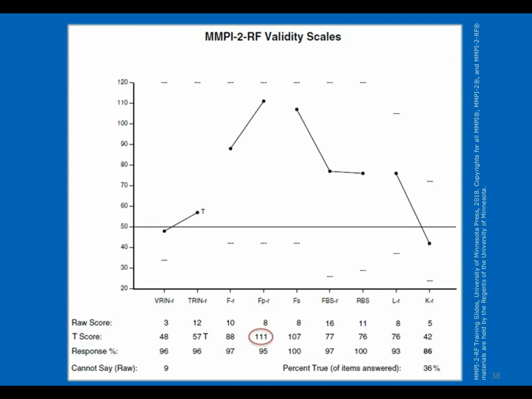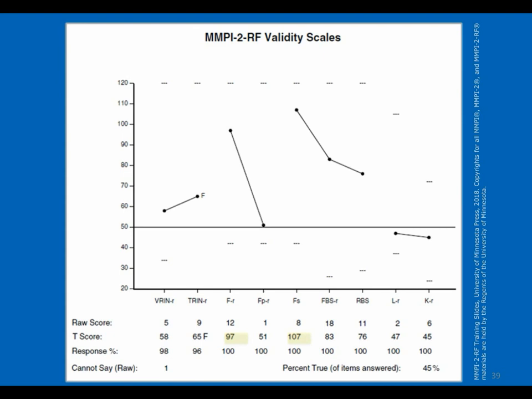Again, we could still interpret, and we would do well to interpret the remaining validity scales, which evidence overreporting of somatic cognitive problems. We see that with the FS scale. And then there's also evidence of underreporting on the L scale as well. That is interpretable, and again, it is possible for someone to both overreport as well as underreport.